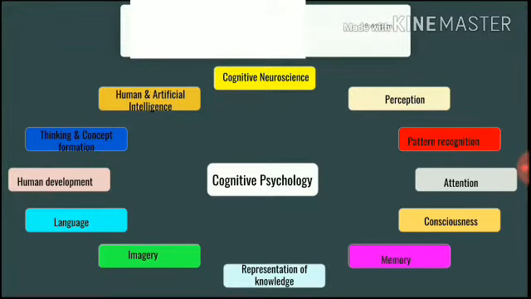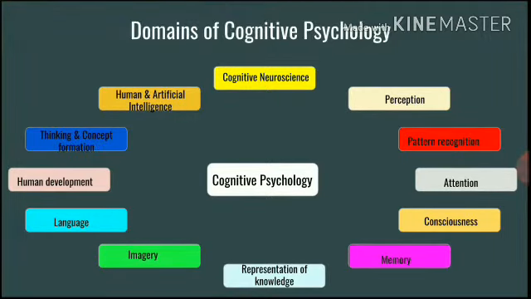Now, some are very basic and we've already discussed them, so I won't really be touching them, for example perception, attention, consciousness, memory, imagery, language. All of these are factors that we've already discussed. Nonetheless, let's just go through them very briefly.